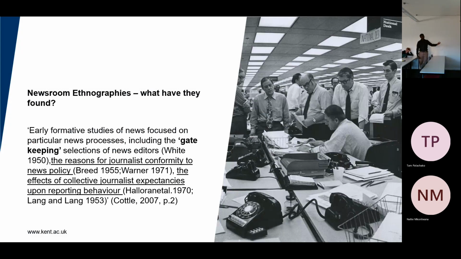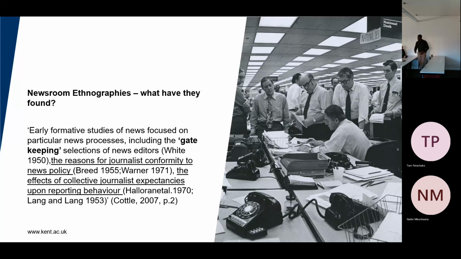So early formative studies of the news focused on how news is processed, the processes that lead to the manufacturing of news, in the context of Chomsky's manufacturing concepts, and of course the processes that lead to news creation.